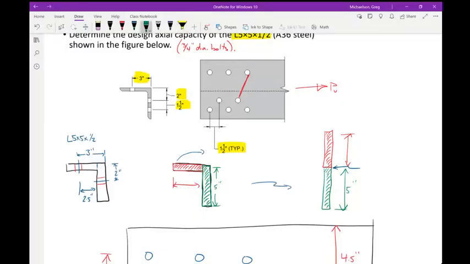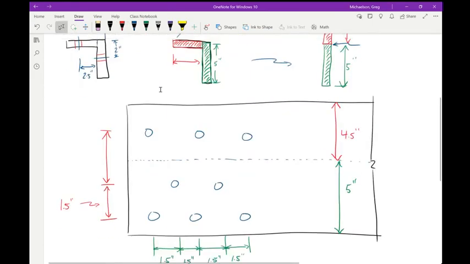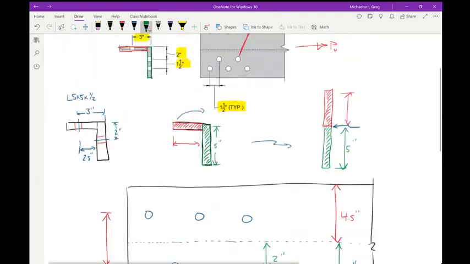If you look at the way we split our angle up, like this, that bottom dimension is 2 inches, from that top hole to there.